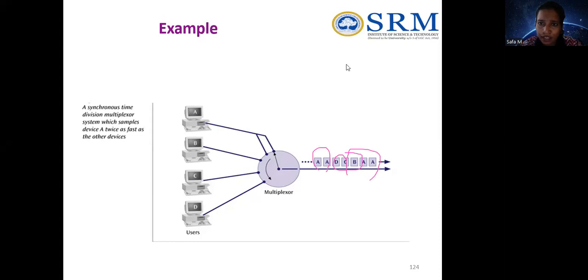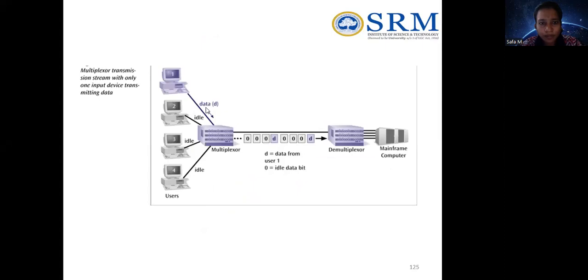Again, two data have been sent. In another one, only one data from the system will be sent, and the others don't have any information. So it has been demultiplexed.